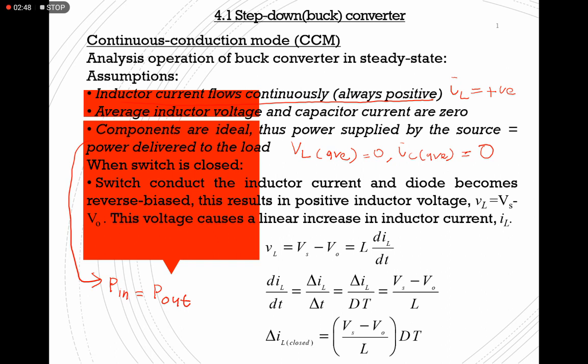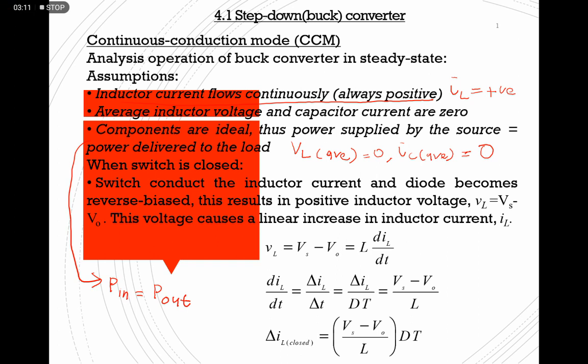So we know that when your switch is on, your diode will become reverse biased and you will have a positive output voltage. So it will also result in a positive inductor voltage.